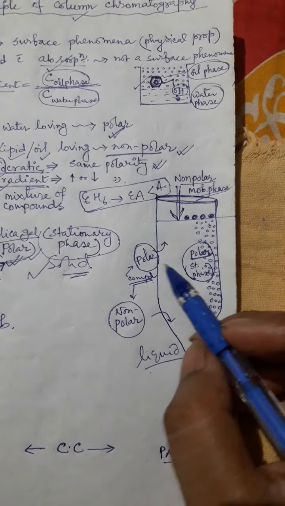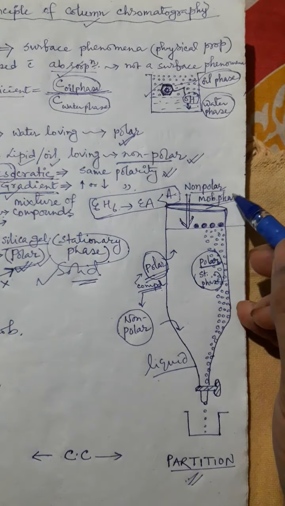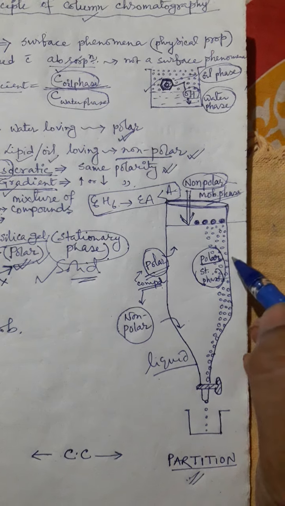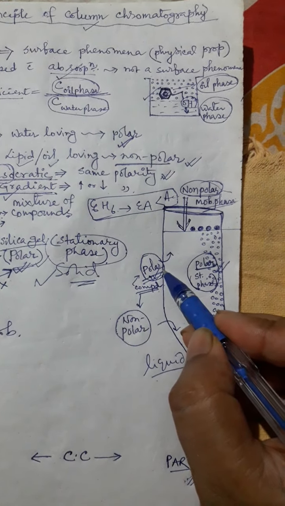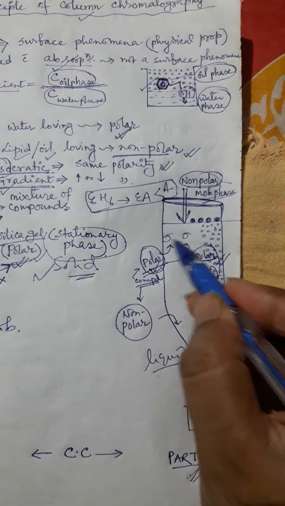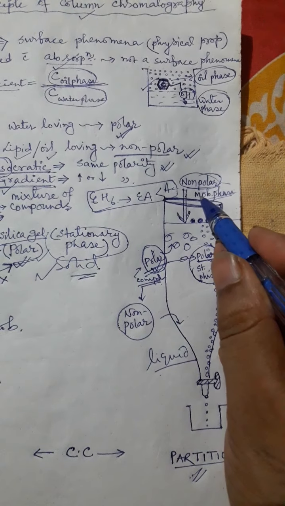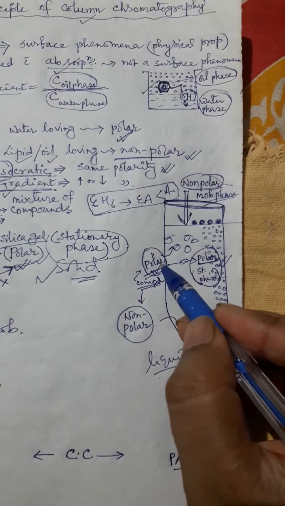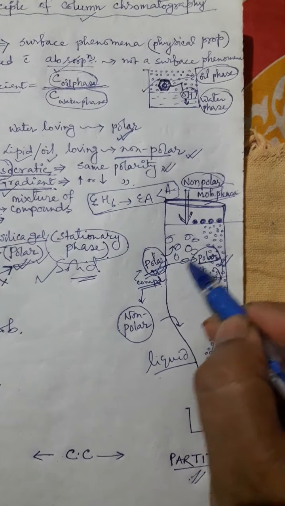As in the previous example, suppose your mobile phase is non-polar and the stationary phase is polar. The polar compound has high affinity towards the polar stationary phase, so it will stick here, having low affinity towards the non-polar phase.